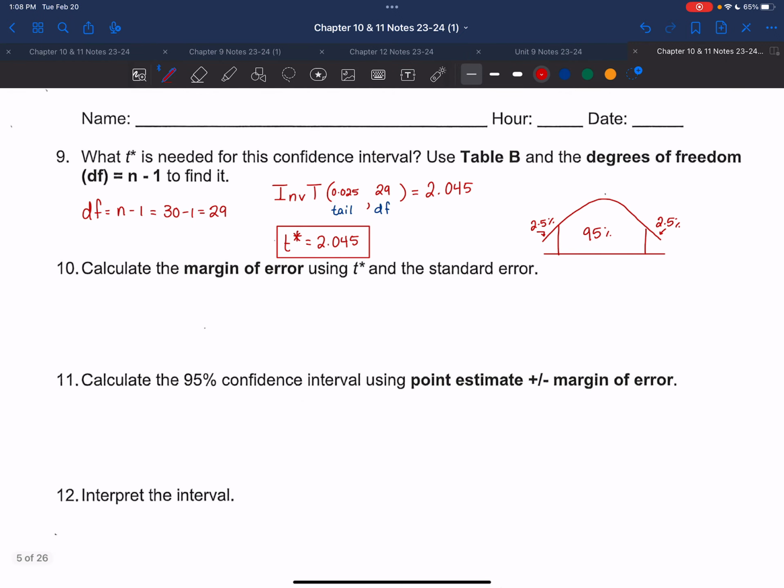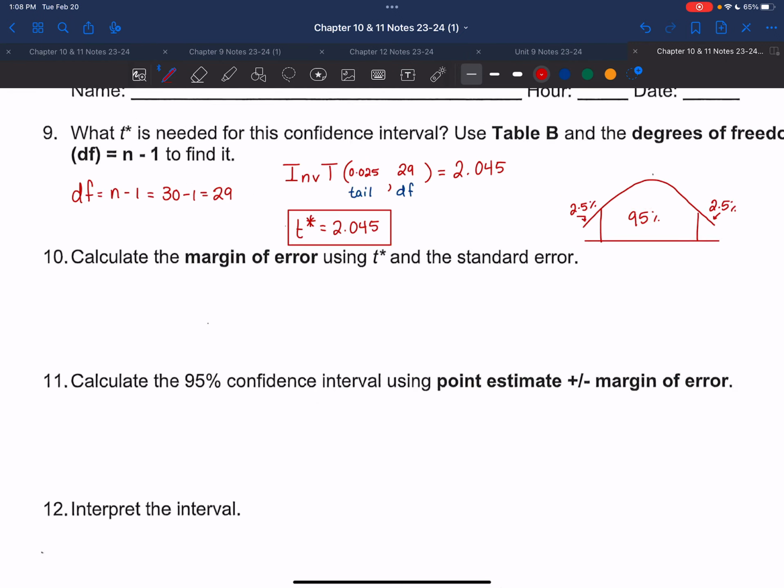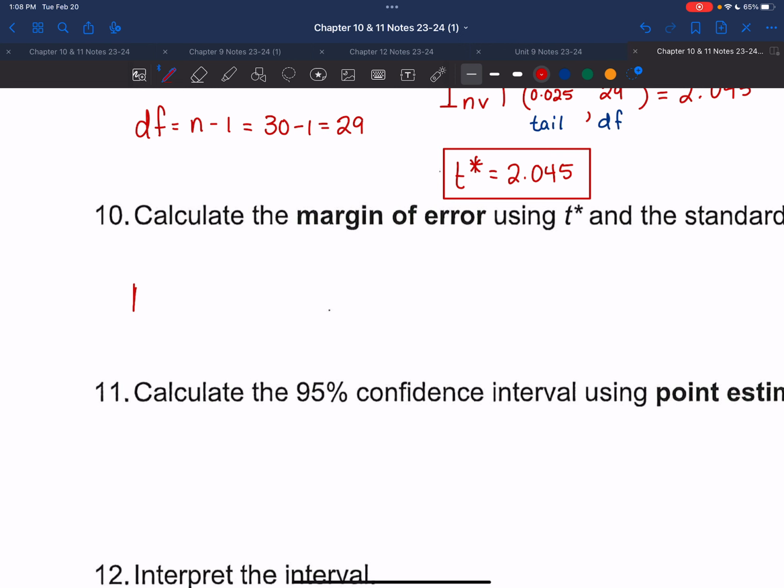Now it says calculate your margin of error using T star and the standard error. So margin of error is equal to your critical value times your standard error.